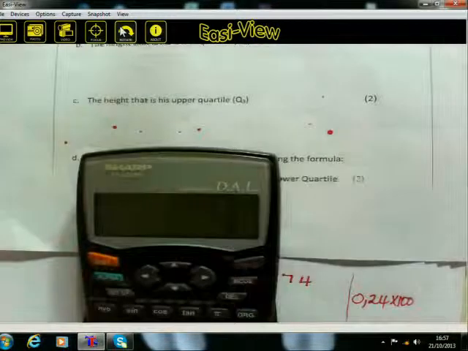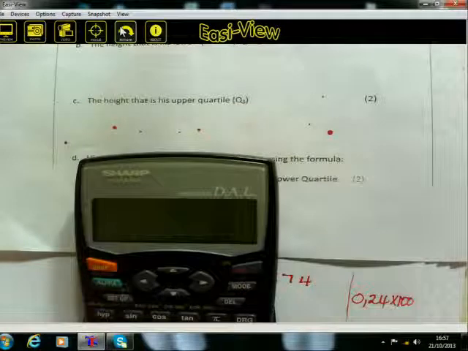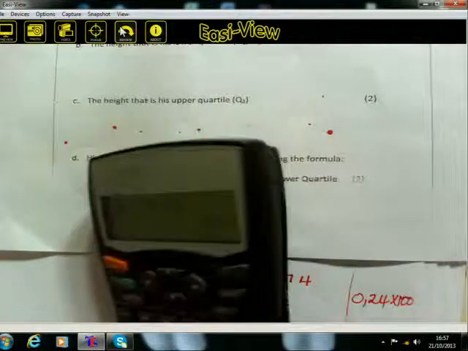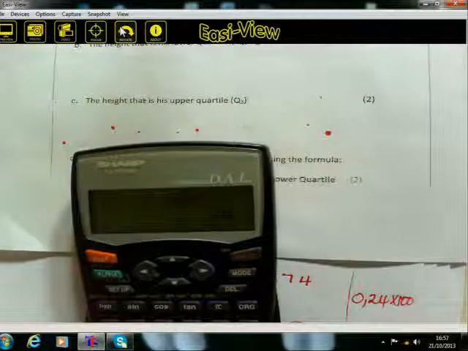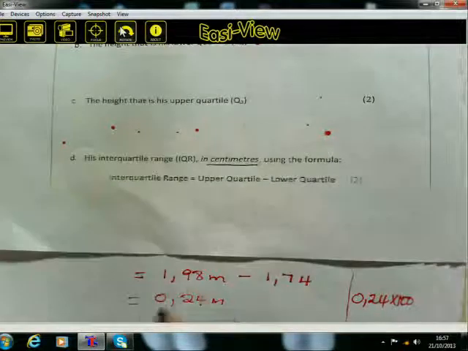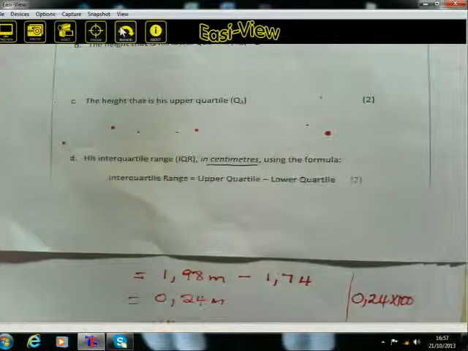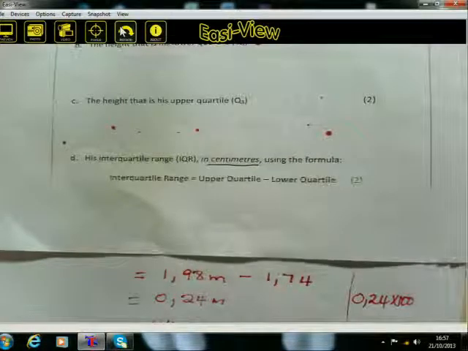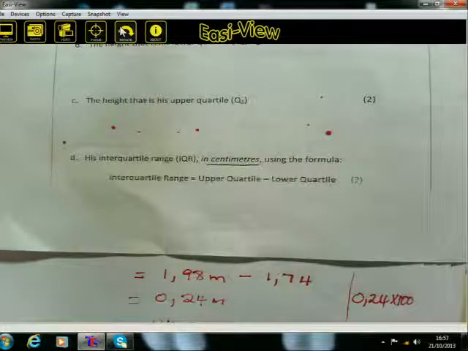You are going to say 0.24 multiplied by 100. It gives you what? It gives you 24. 24 what? 24 centimeter. As you can see, that question has been allocated what? 2 marks.